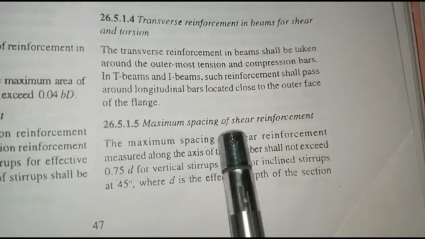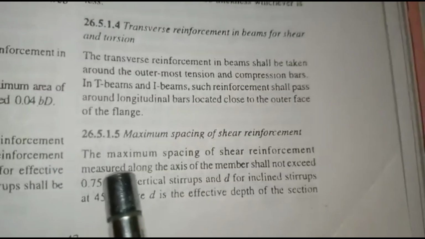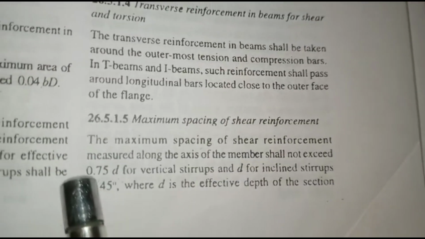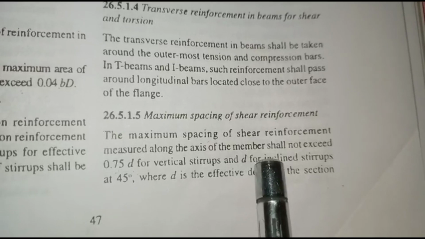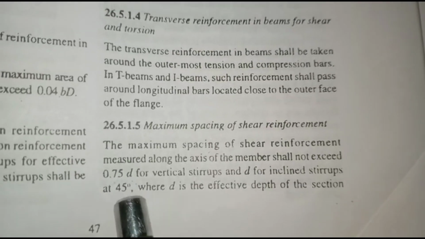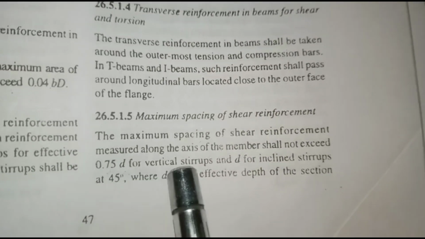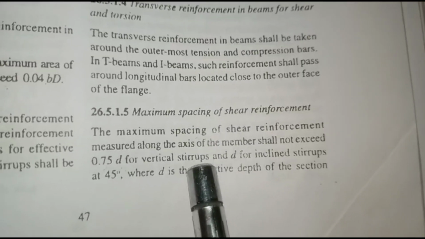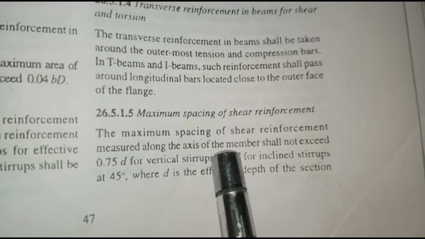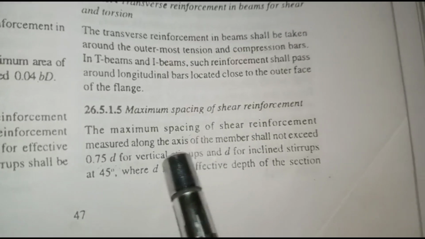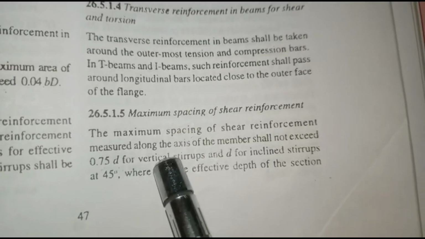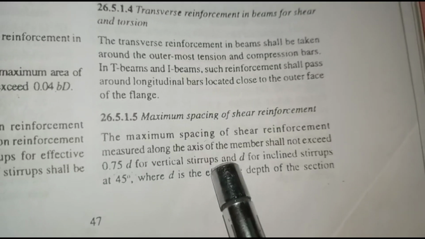The maximum spacing of shear reinforcement measured along the axis of the member shall not exceed 0.75 d for vertical stirrups, and d for inclined stirrups at 45 degrees, where d is the effective depth of the section. So the spacing of stirrups should not be greater than 0.75 d for vertical stirrups.